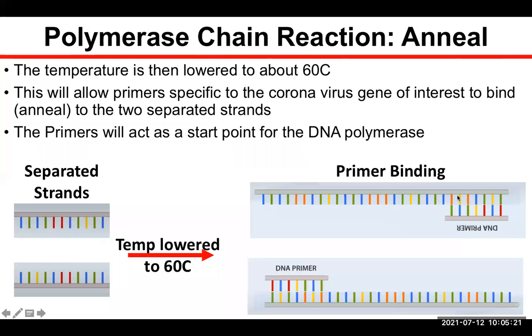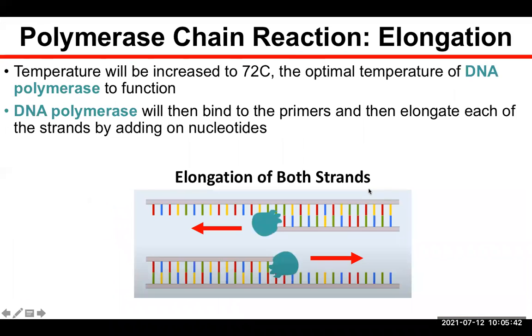Once your DNA primer is bound to your respective strands, it acts as the main starting point for the DNA polymerase. Again, polymerase is just an enzyme that adds nucleotides to a respective strand. After the primer binds and the DNA polymerase has a starting point, the temperature is increased to about 62 degrees Celsius, which is the optimal temperature for DNA polymerase to function.